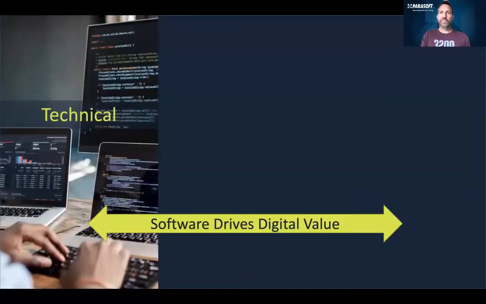I think most organizations begin with a technical value focus, meaning they understand there's a business value to be had, but they get wrapped up in the technical details and sometimes lose sight of the main plot or point. It's technology for technology's sake.